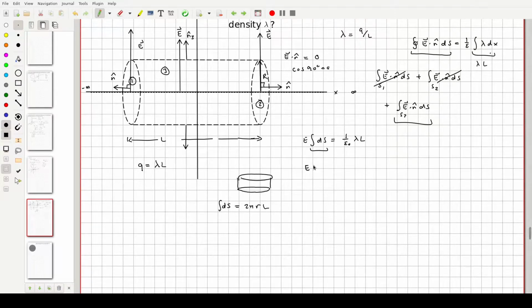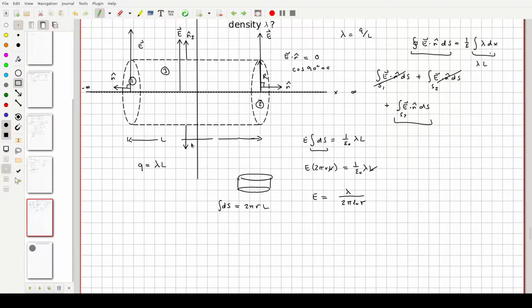So E times 2 pi r L on the left-hand side. On the right-hand side, I have 1 over epsilon naught lambda times L. The L's cancel. And my electric field is equal to lambda over 2 pi epsilon naught r.